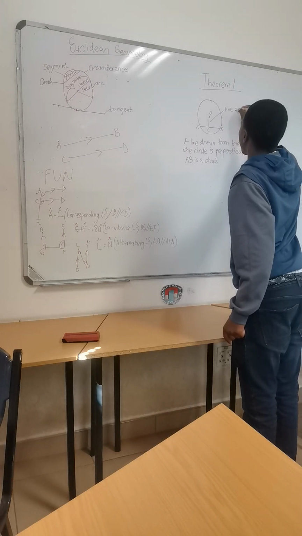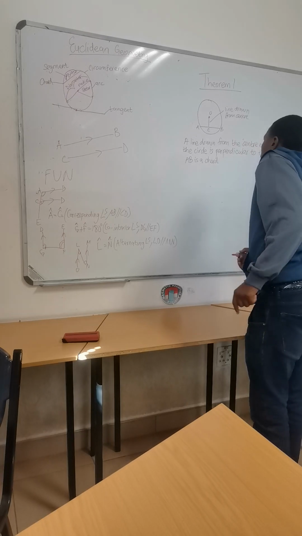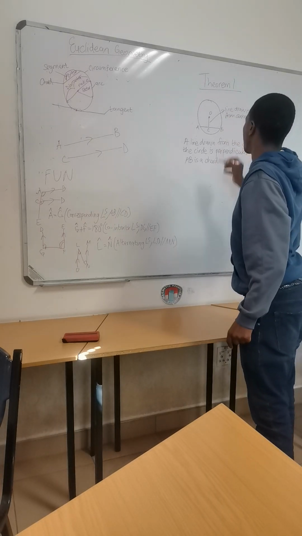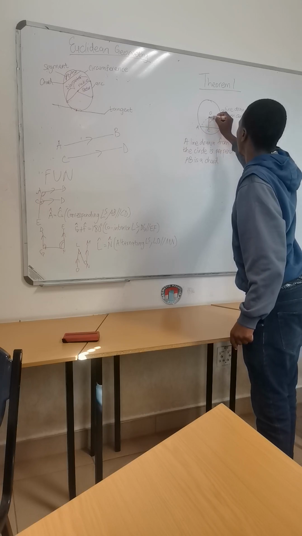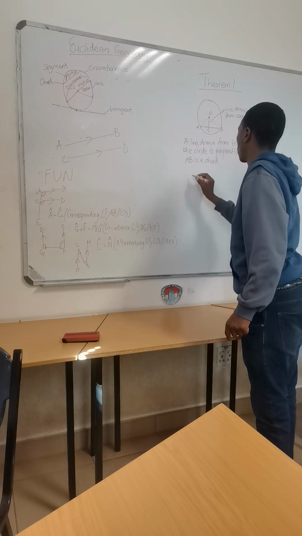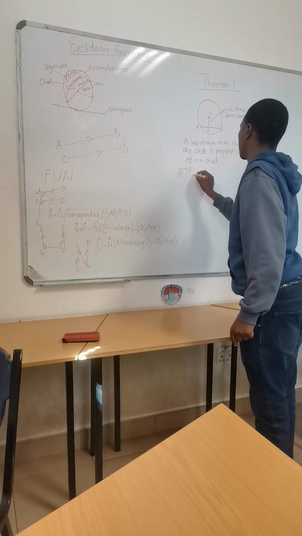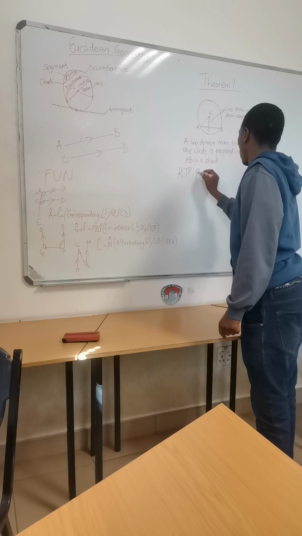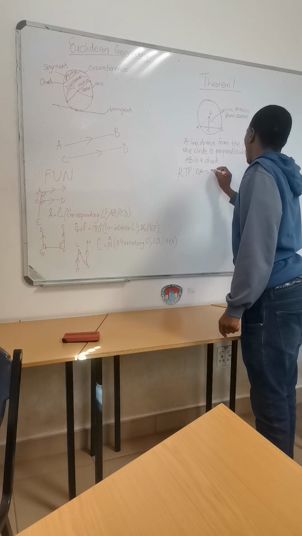Line drawn from center. And then what do we have? It means that OA and OB are equal, to prove that OA is equal to OB.